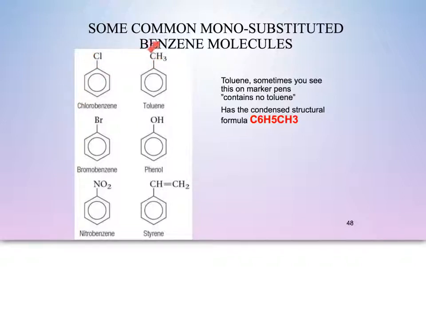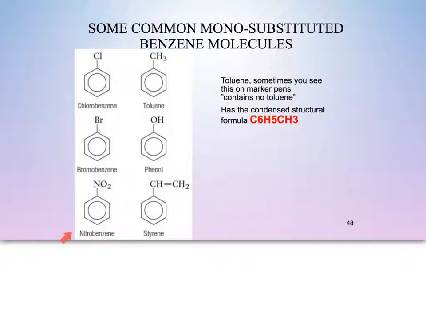If we have a methyl group attached to a benzene, that is called toluene. Bromobenzene, nitrobenzene, CH double bond CH2 attached to a benzene is known as styrene. An OH attached to a benzene is known as phenol.